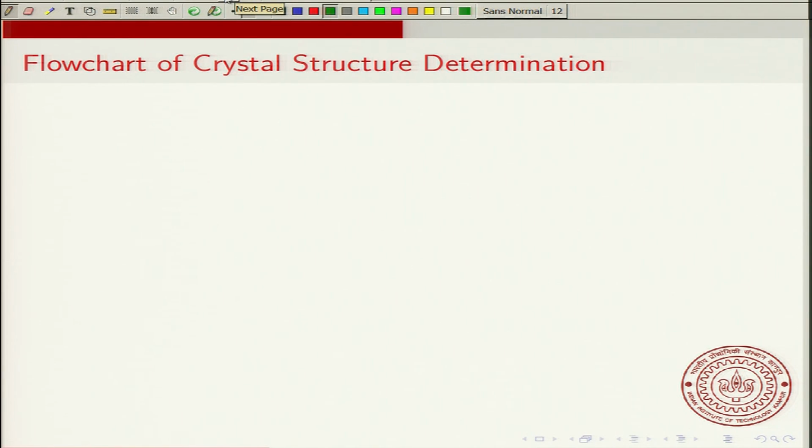If you want to determine the crystal structure, from the X-ray diffraction pattern you measure F observed, the structure factor, and then you try to construct some model, and from that you calculate F of HKL.